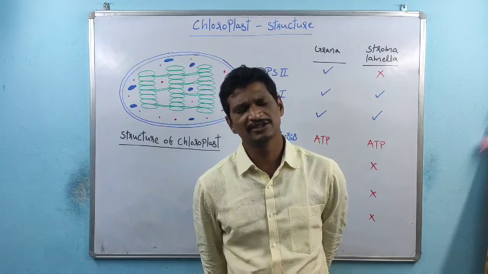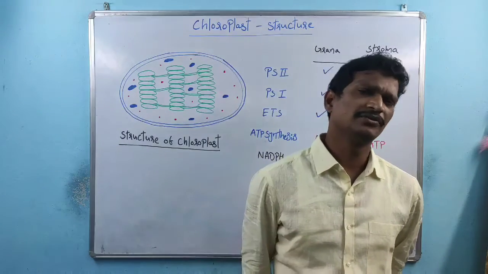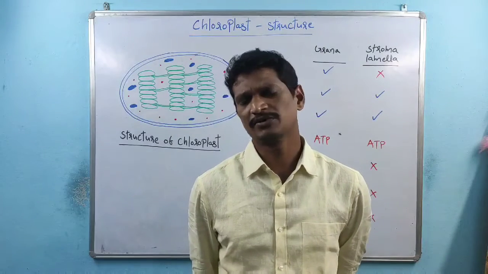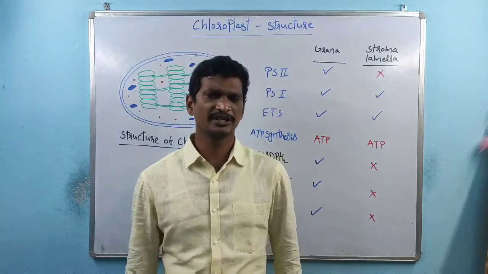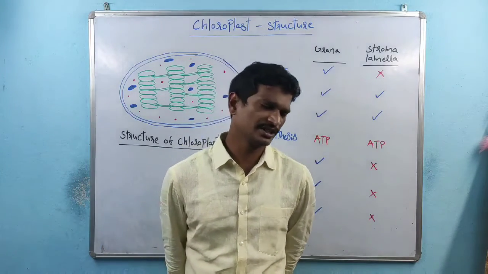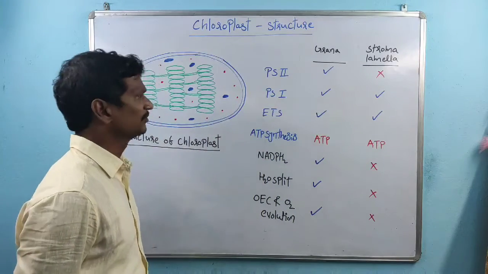These are responsible for trapping light energy. Along with these systems, some other components also support the trapping of light energy. Finally, the light energy is converted into chemical energy.